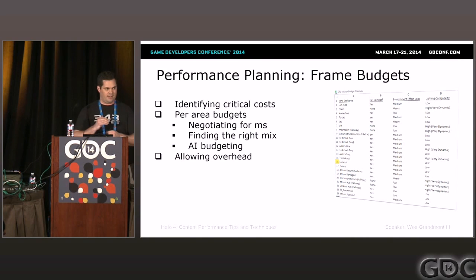We'd also give a little overhead right off the bat, like a couple milliseconds, to make sure no matter what, we always had a little bit of buffer in case things went haywire and we needed some extra wiggle room so our frame rate wouldn't drop. And then with what was left over, we sat down with all the art leads and mapped out, and this is a spreadsheet from one of our campaign missions, what the classification was for each area. So is it combat heavy?